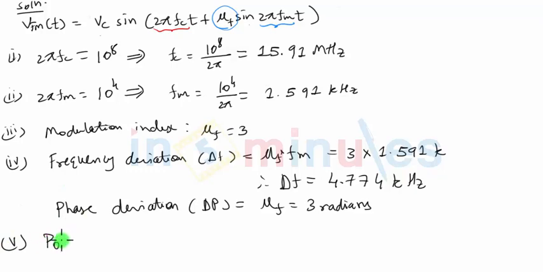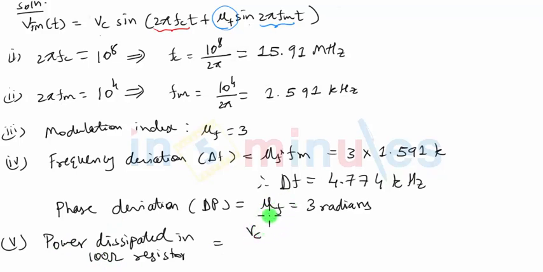And finally, power dissipated in 100 ohm resistor will be equal to the maximum modulating signal by root 2 squared. So this is the RMS value, peak value divided by root 2. So RMS voltage square divided by the resistance.